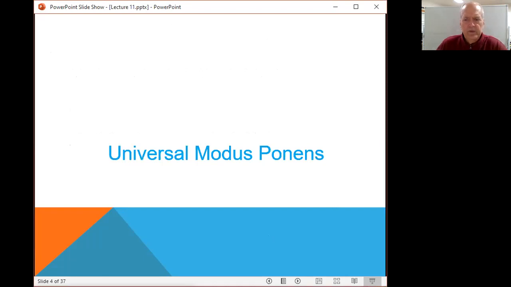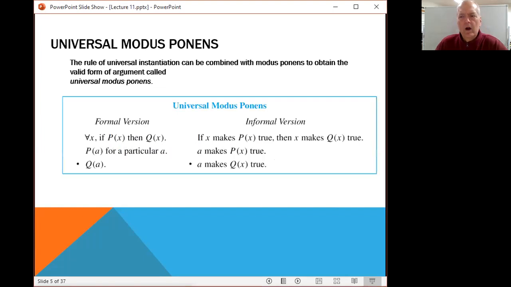So let's look at some examples of this. And of course, we're familiar with modus ponens and universal modus ponens. And here's a concrete example of what we're talking about. We've got this universal statement: for all x, if x has the property p, then x has the property q. Or you could say it as for all x, if p of x, then q of x, or if x makes p of x true, then it makes q of x true.